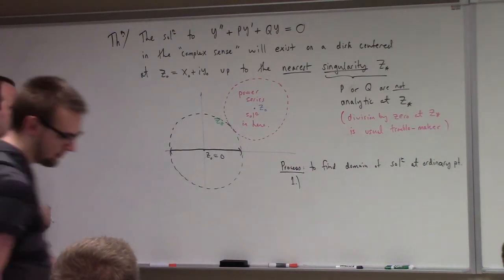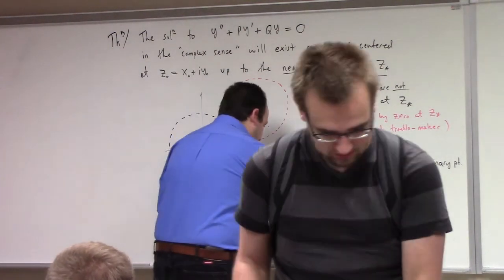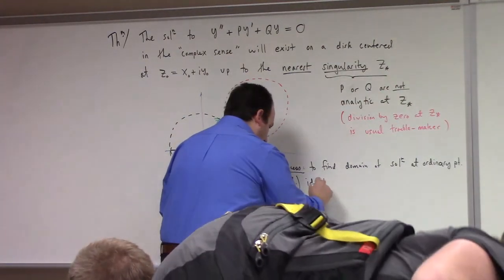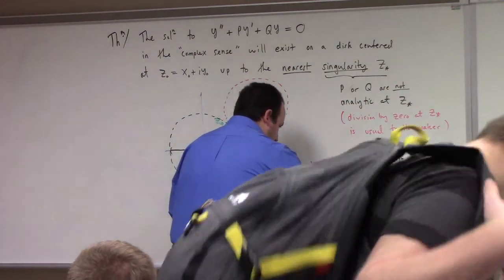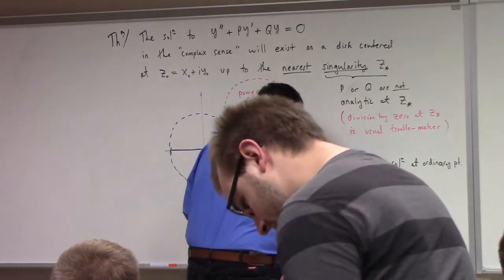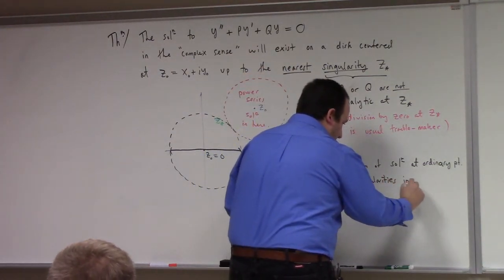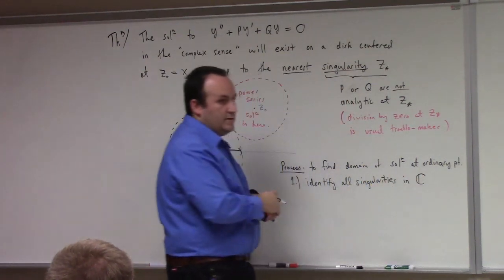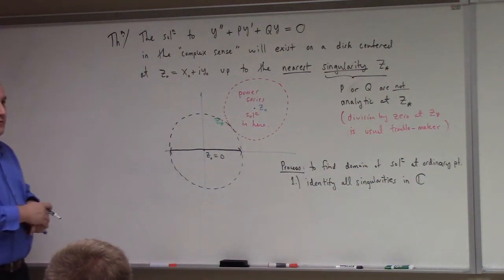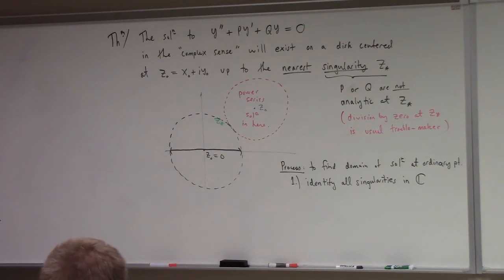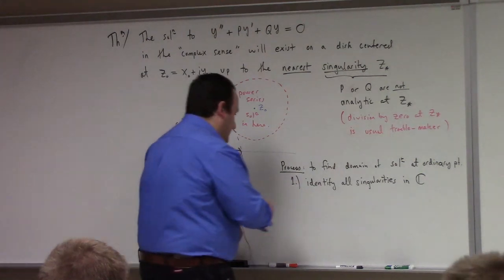So number one is we identify all singularities in the complex plane, right? And singularities are, again, points where the coefficient functions P or Q don't have Taylor series, because usually there's division by 0 at those points. That's point number one. Identify the singularities.